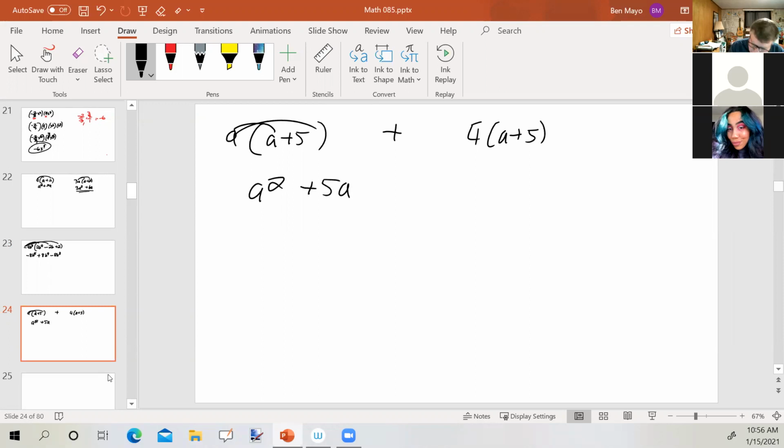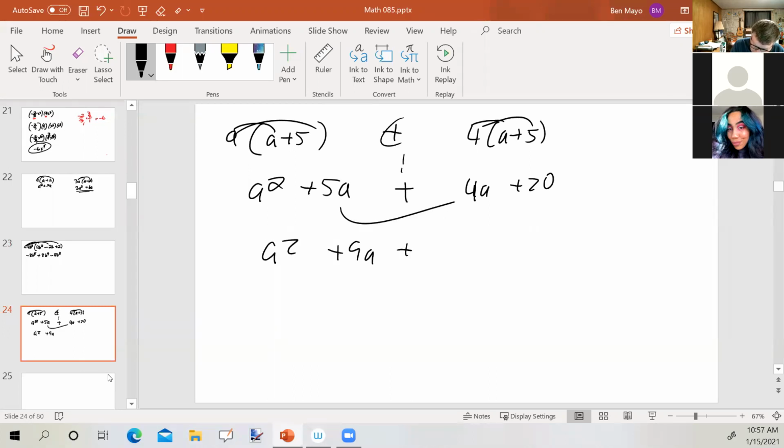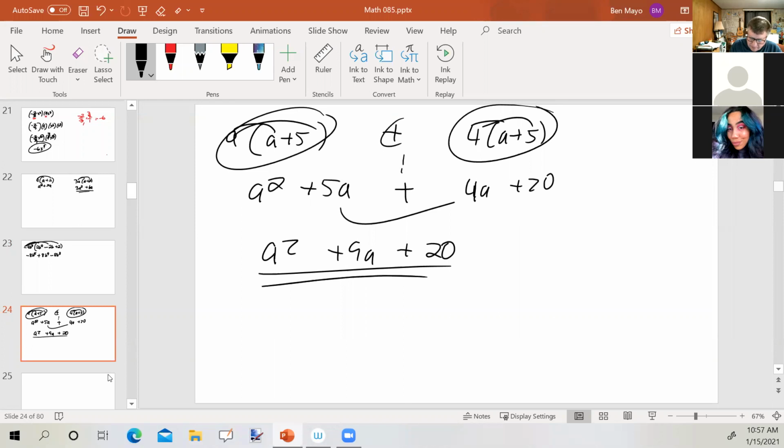And over here, I've got 4a plus 20, but we're going to bring that plus sign down. So now we're going to add all of it up, and we're going to get a squared plus 9a plus 20. Okay? So I took a times a plus 5, and I took 4 times a plus 5, and I got that.